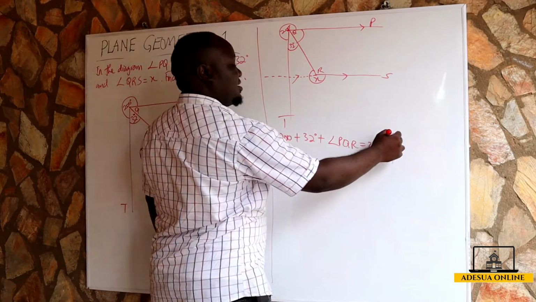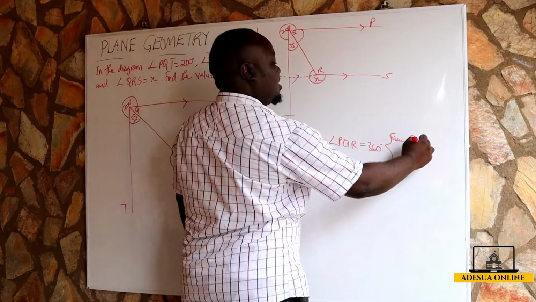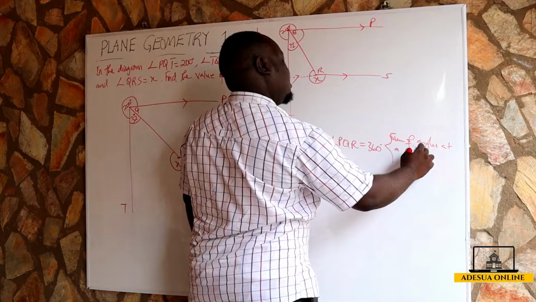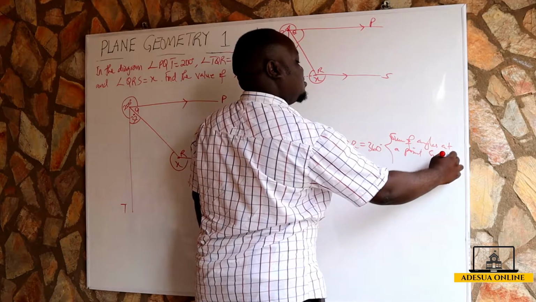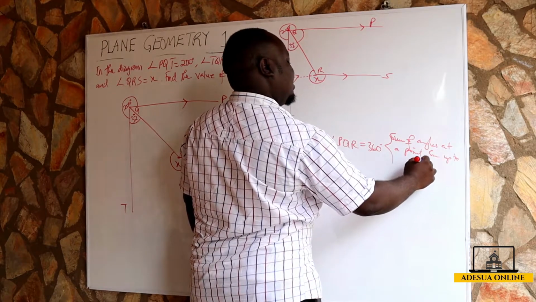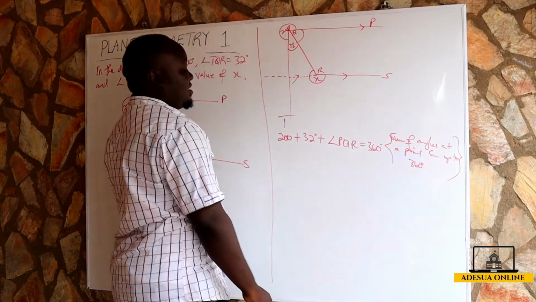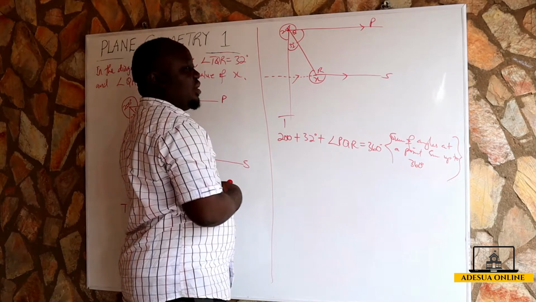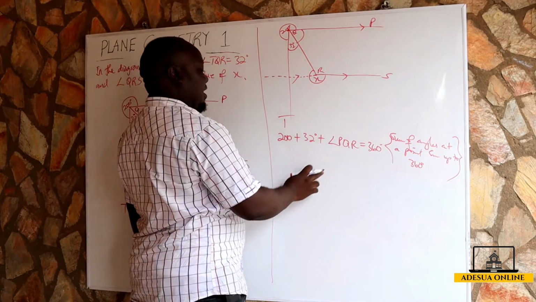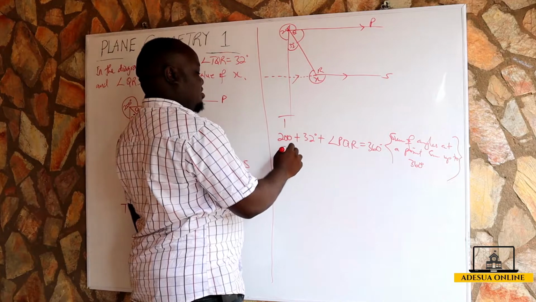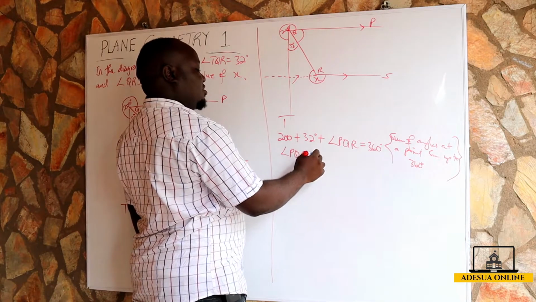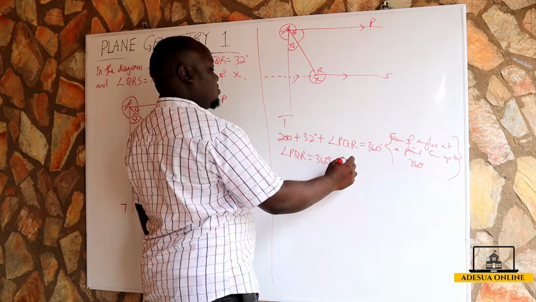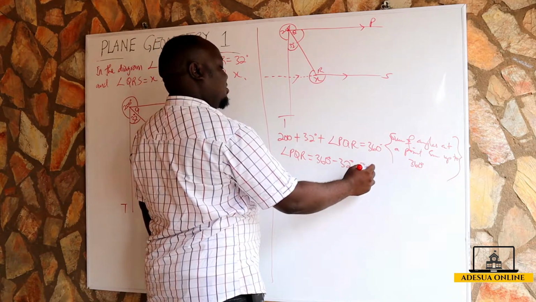What's the reason? Sum of angles at a point sum up to 360 degrees. So we can say that this whole angle is the angle at a point. So let's find the angle PQR. So we can say that angle PQR is equal to 360 degrees, take this to the right, we have minus 32 and then minus 200.